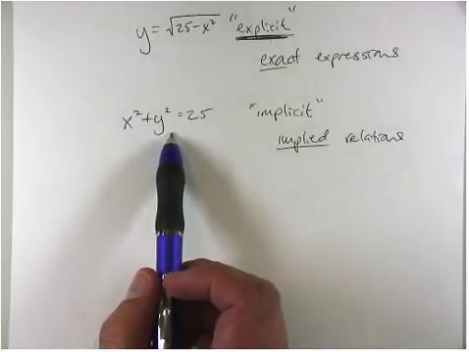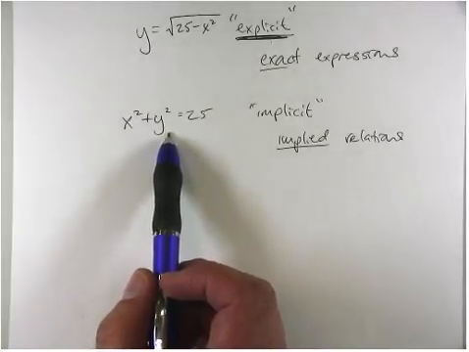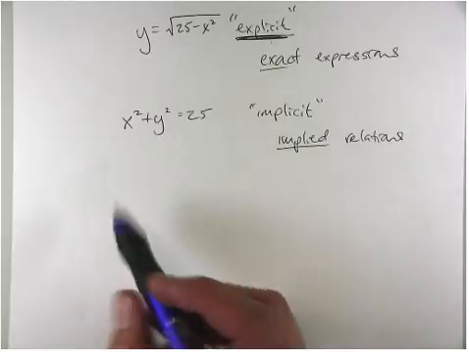Anybody know what this looks like if you were to graph it? X squared plus y squared equals 25. It's something we should have seen before now.